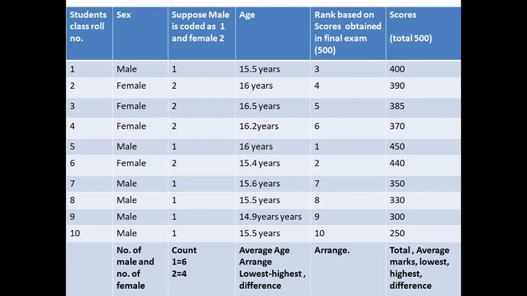Then in case of this ratio scale data, what you can do, you can calculate the average age of the students of the class. Then you can arrange the students based on the lowest age and highest age. So in that way also it can be arranged.